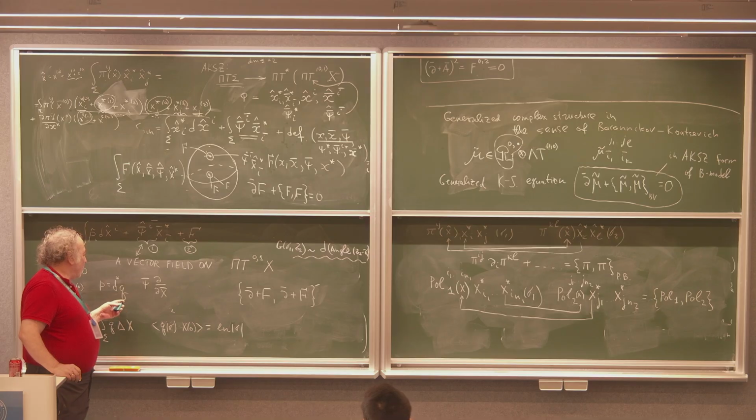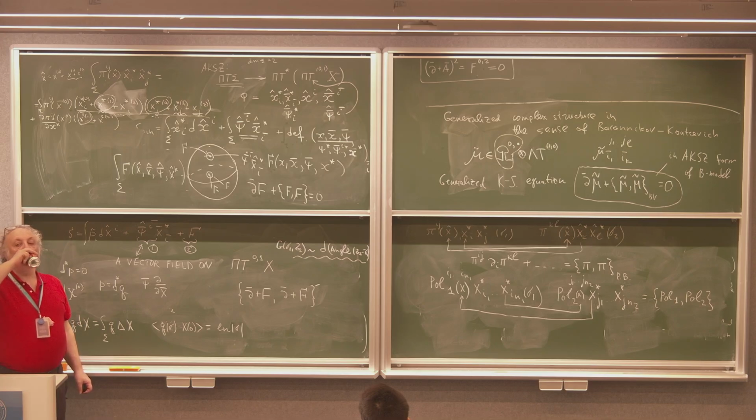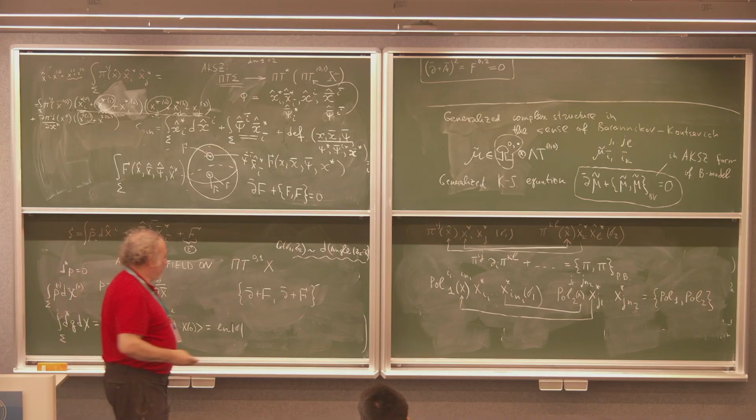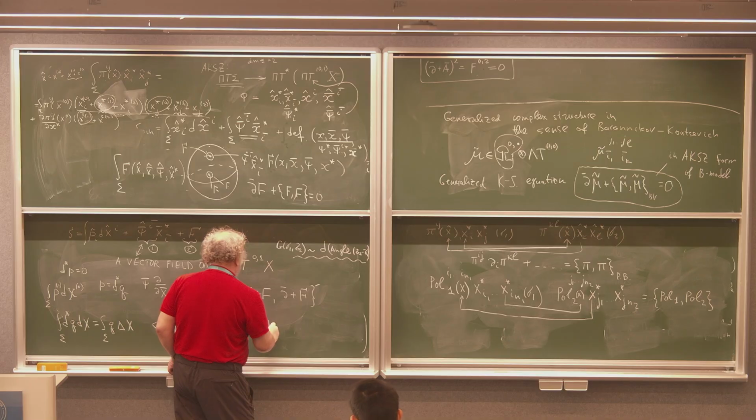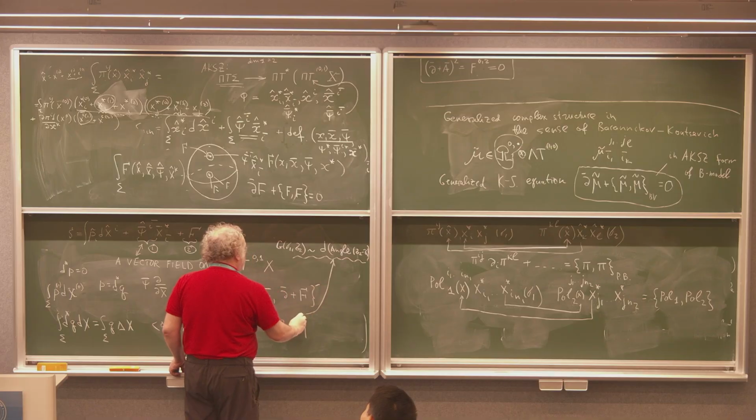But we need not the correlator of Q. We need the correlator of D star Q. To get the correlator of D star Q, we apply D star. This gives exactly this formula.